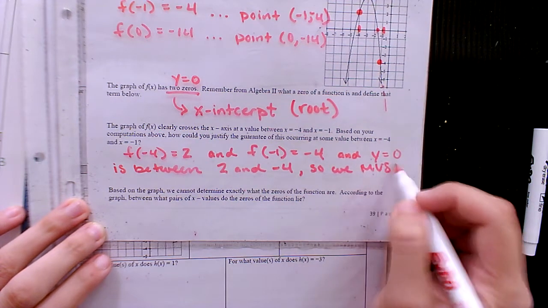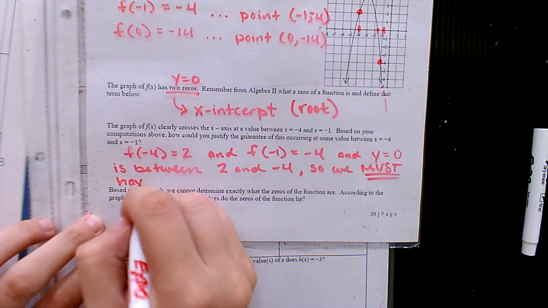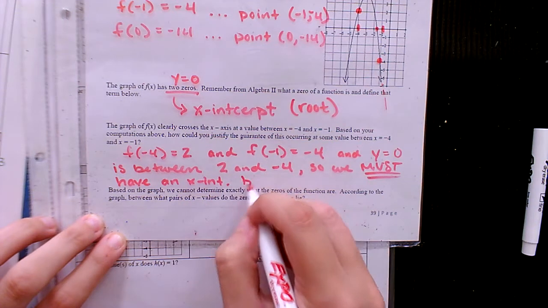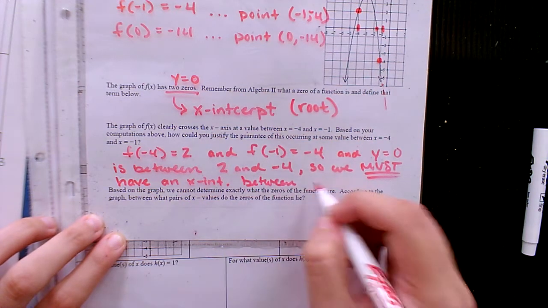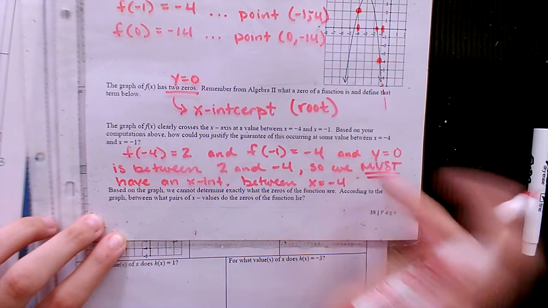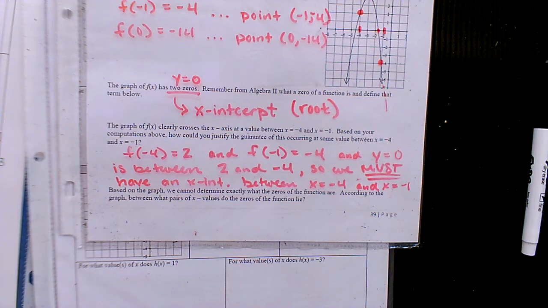So we must, okay, it is guaranteed, we must have an x-intercept between the x value of negative 4 and the x value of negative 1. Okay, we had that sign change. We went from a positive y value to a negative, so we have to cross 0 at some spot. We don't even need a graph to figure that out.